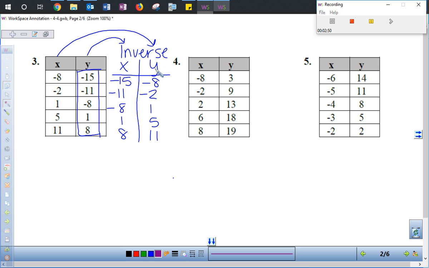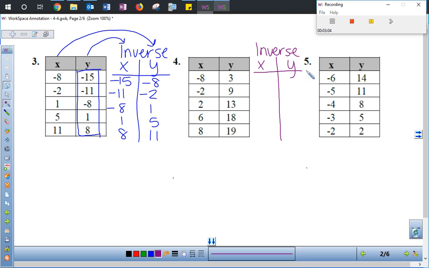So knowing that information, that's going to help us make the inverse table on number 4. So again, we need to start by writing inverse, because we want to make sure that we understand that this is my inverse table, my inverse x and y value. And we're going to take what was my x column and make it my y column. So -8, -2, 2, 6, 8, that's going to come over here to my y column. -8, -2, 2, 6, 8.